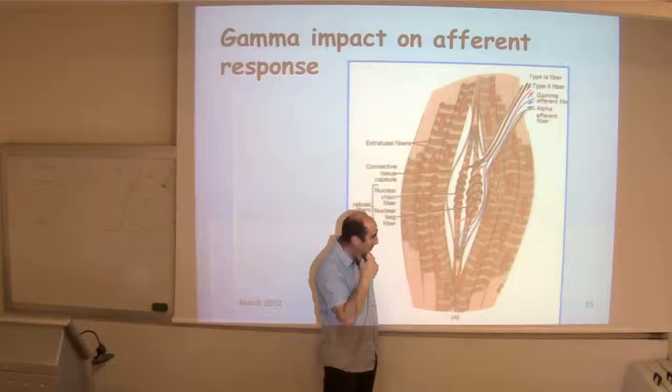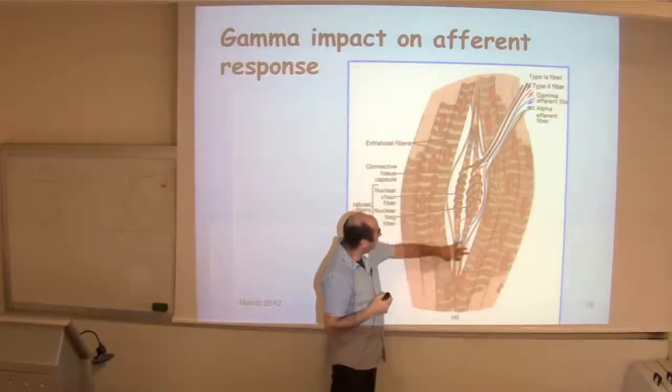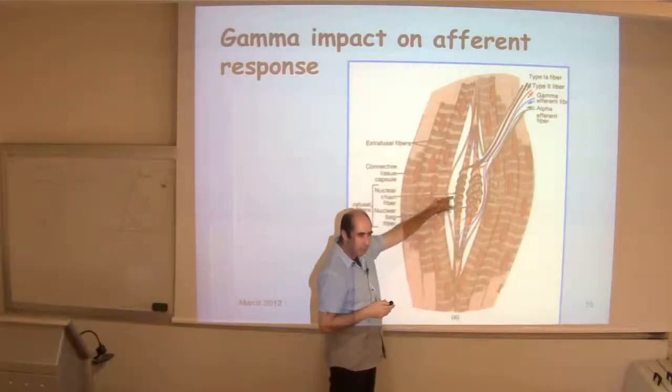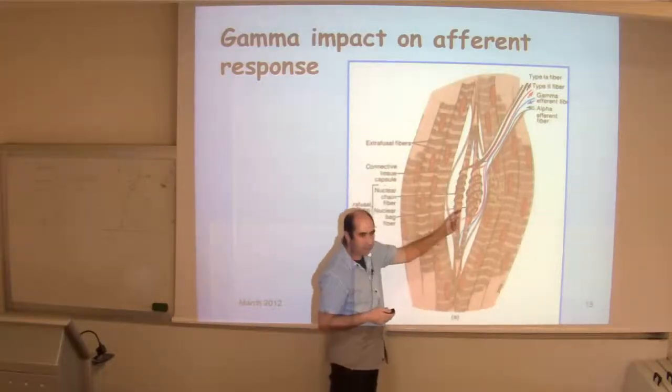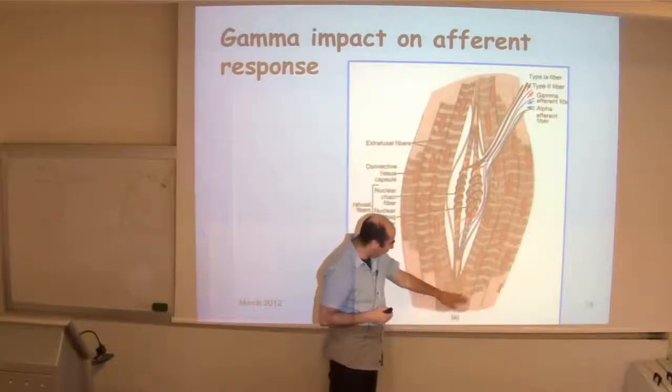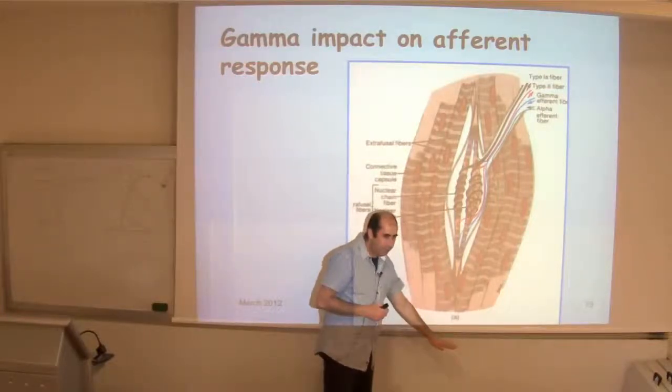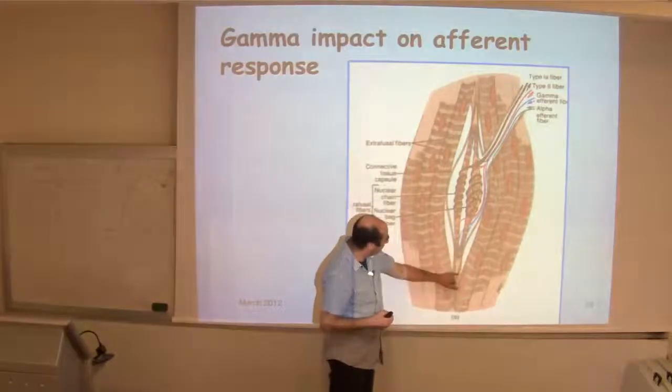So we have a muscle, and inside the muscle we have the spindle, and inside the spindle there are these fibers, and they're wrapped around with this alpha fiber, which has stretch receptors. Now if I put weight on the muscle, the muscle is stretched. These muscle fibers are stretched as well.